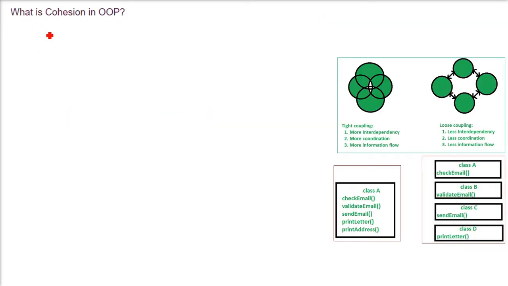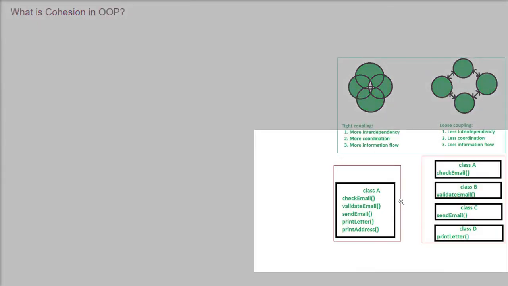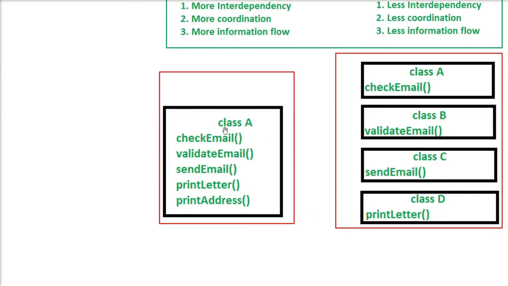What is cohesion in object-oriented programming? Now let me give an example here. See, this is a class. Just assume that this class is doing everything related to email. All these functions, check email, validate email, send email, and all others, they are working only for email. So now these functions are closely related.